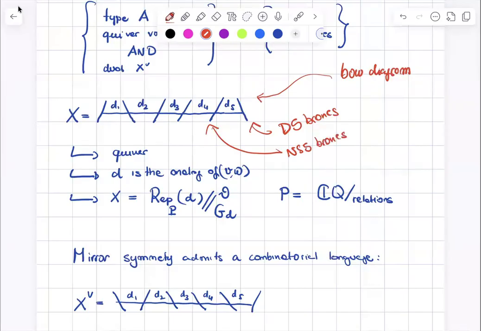The names come from the physics interpretation. So the punchline is that Nakajima and Takayama provided us with these varieties, and we now know how both to study the stable envelopes and the vertex functions, and we can make sense of mirror symmetry and prove it in type A.